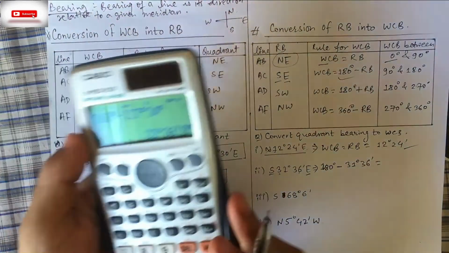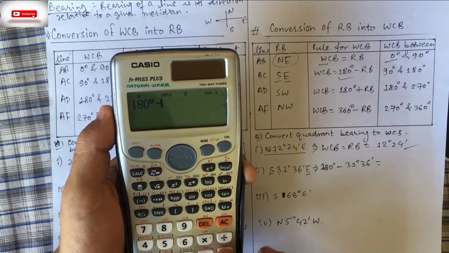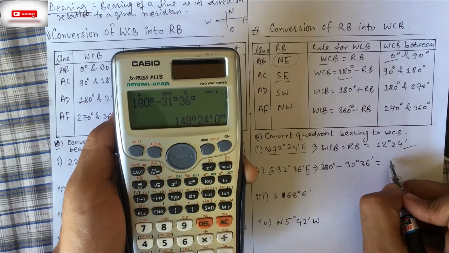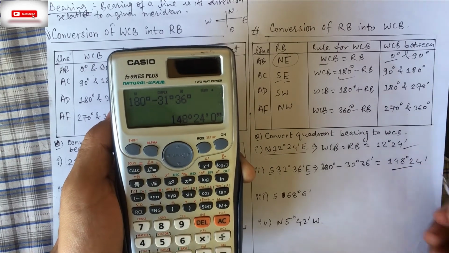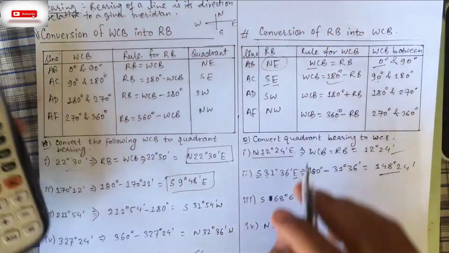So it will give 180 degree minus 31 degree 36 minute, which is 148 degree 24 minute. This means it falls between 90 degree and 180 degree.